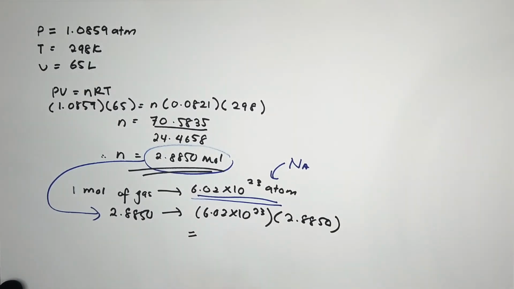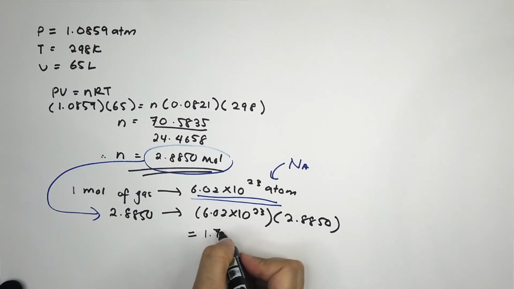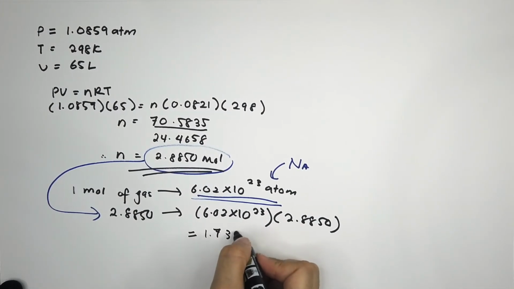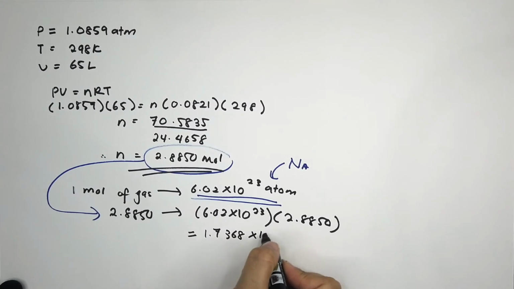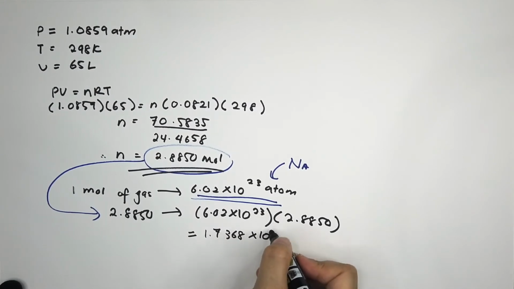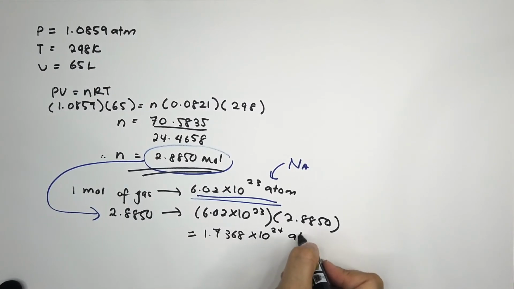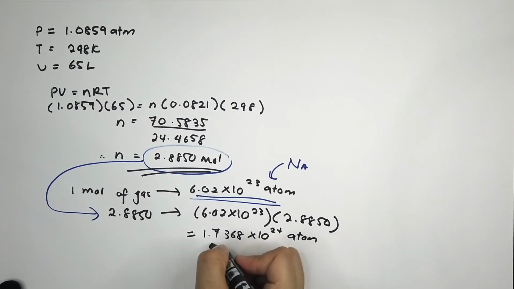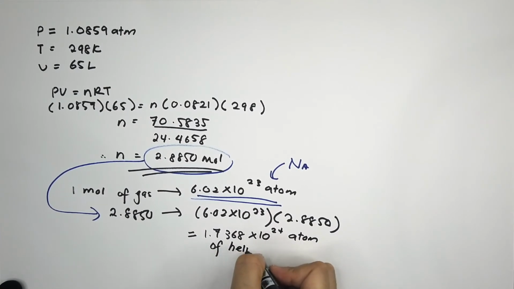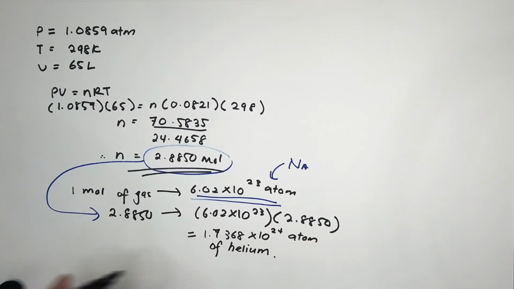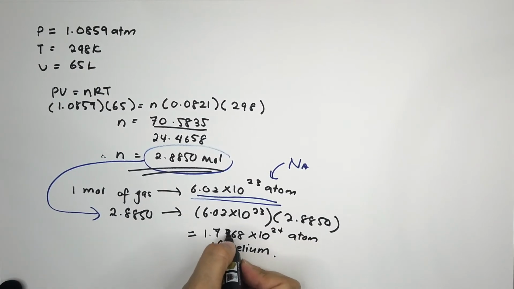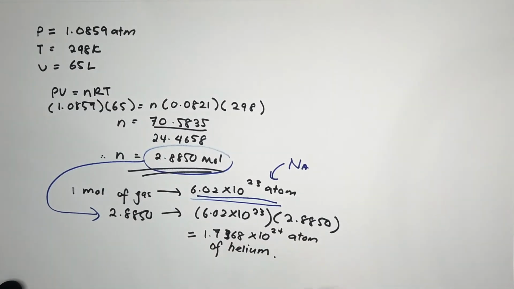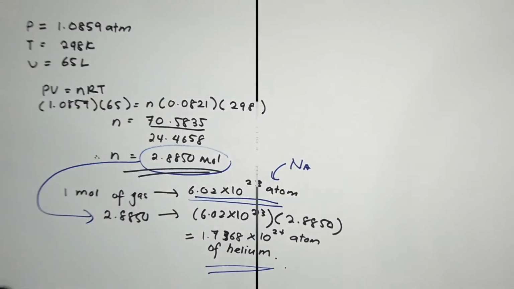Therefore we should get 1.7368 times 10 to the power of 24 atoms of helium. Right, so this is the final answer for the first question.